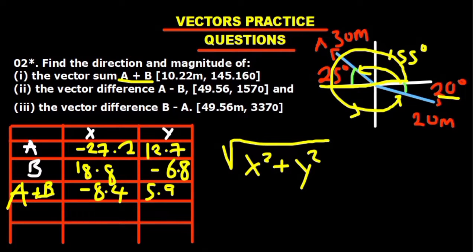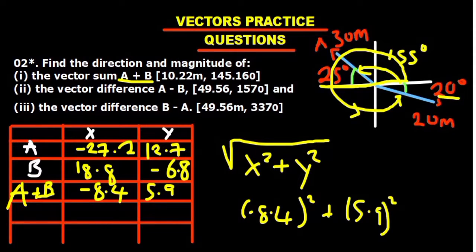So I have negative 8.4 squared plus 5.9 squared, not forgetting that it's supposed to be the square root of that.